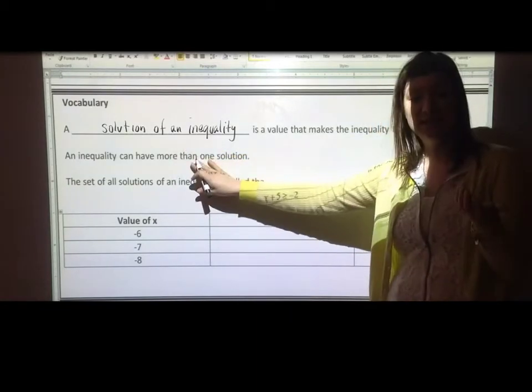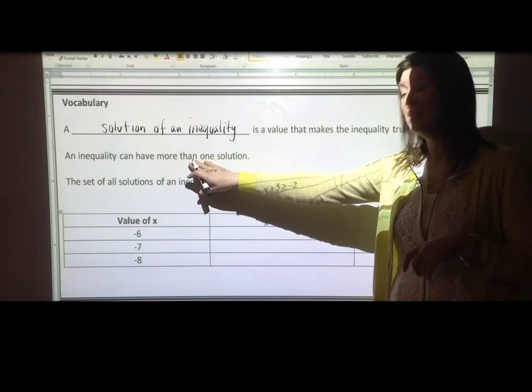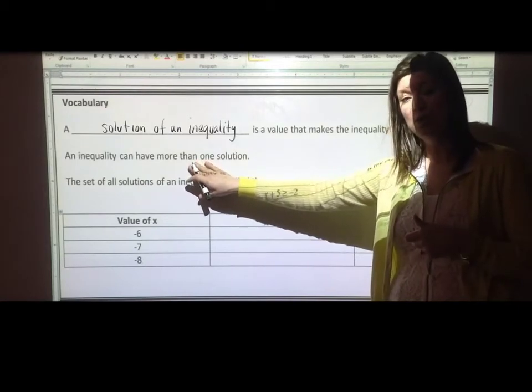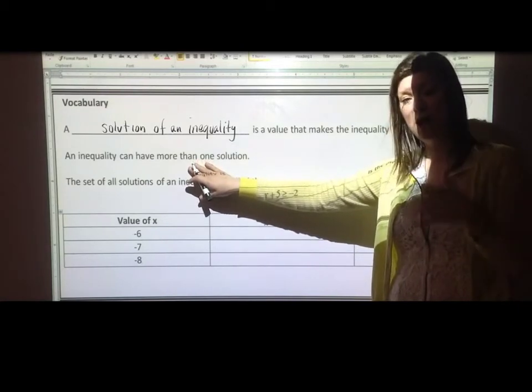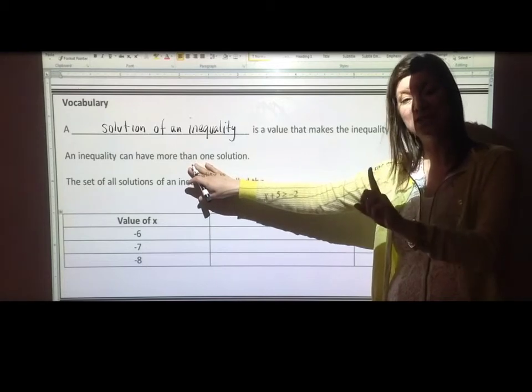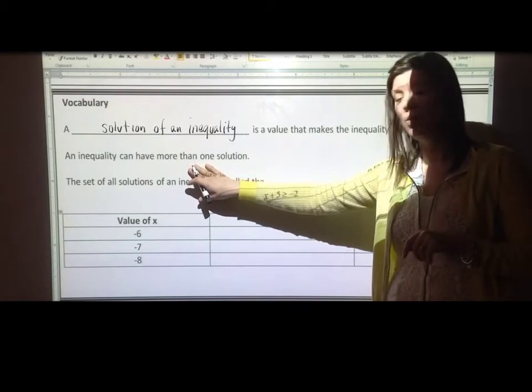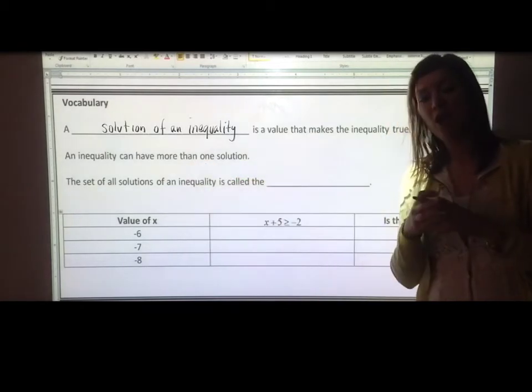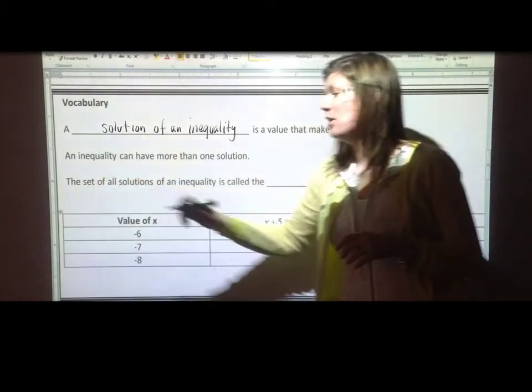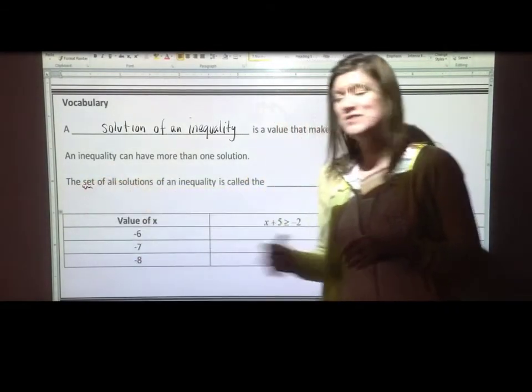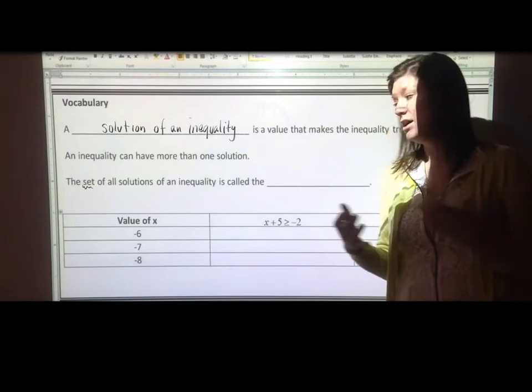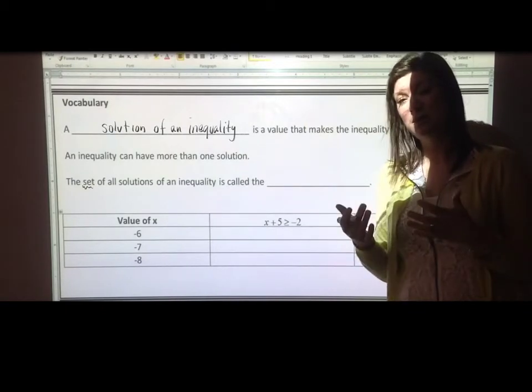And that's what it says in the next sentence. An inequality can have more than one solution. So there could be more options than just that one answer that we get most often in equations. And we call it the set. And you've seen that word before in our set notation when we talked about functions.